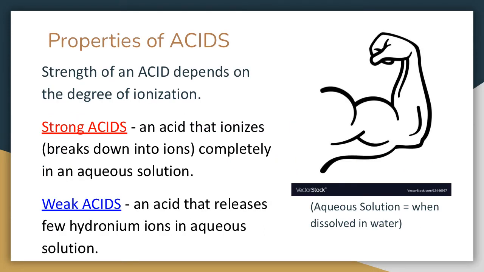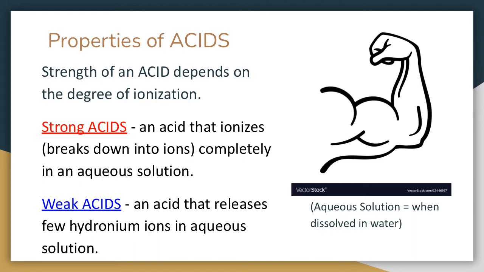You might have heard some people talking about the strength of acids before. We were talking about the fact that sometimes in class we're using a strong acid or a weak acid, and the strength of an acid all depends on its degree of ionization. So we could either have strong acids or weak acids. Strong acids are any acid that ionizes, or breaks down into its ions, completely in an aqueous solution.